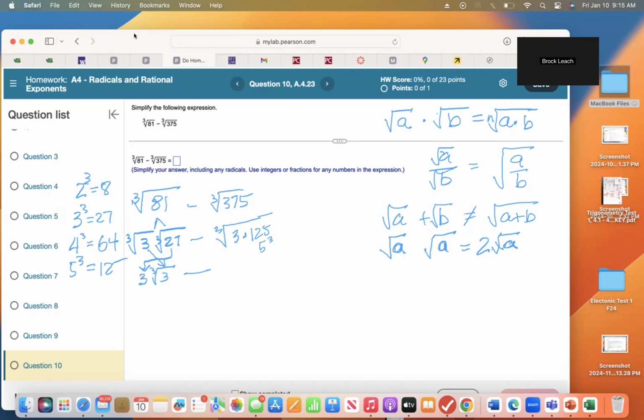So the cube root of 5 cubed leaves me with 5. And then we still have the cube root of 3 under there, which is good for us. It's allowing us to actually combine these together now because it's the same index. They're both cube roots, and they both have the same radicand, which is 3. So we can subtract their coefficients. 3 minus 5 leaves me with negative 2 cube roots of 3.